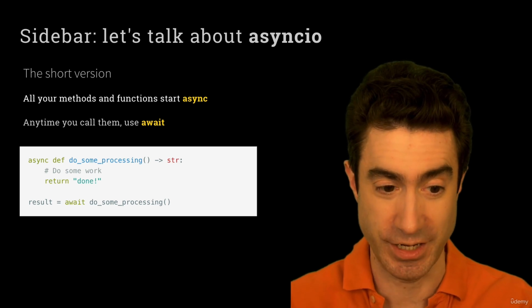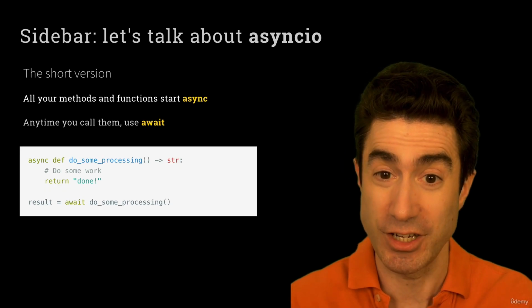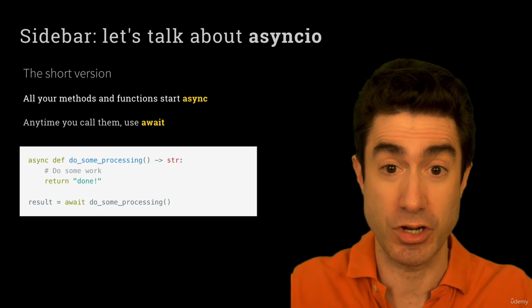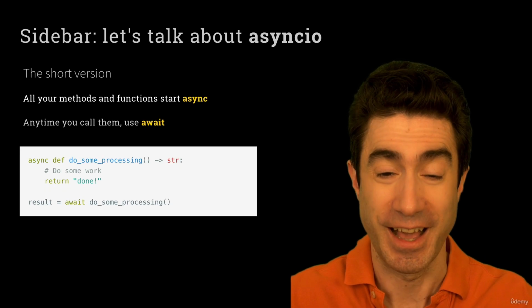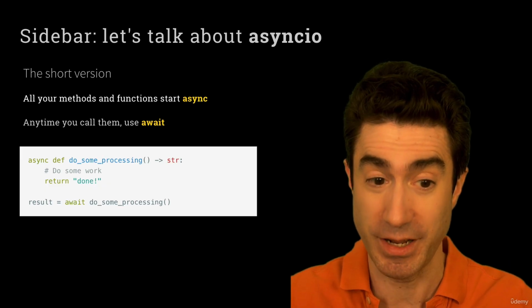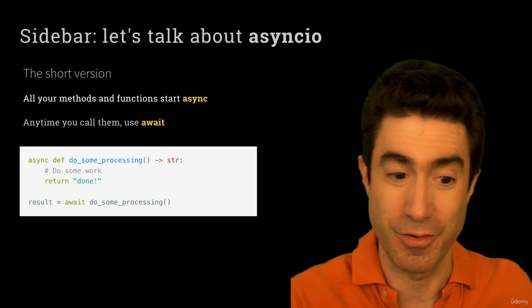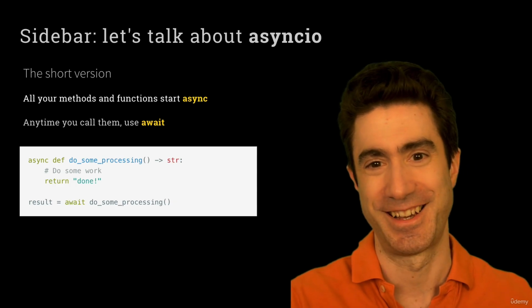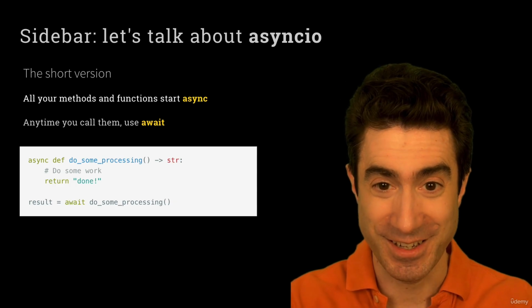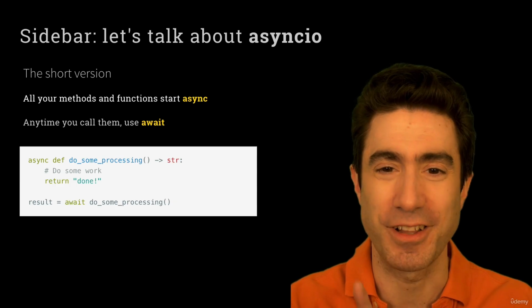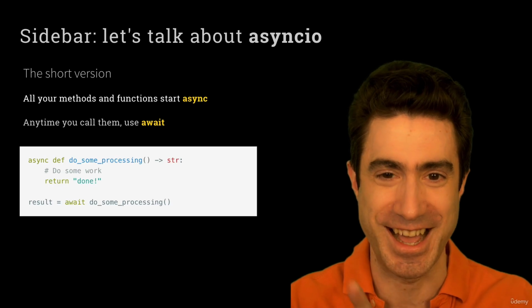It's now a coroutine. To schedule that coroutine, we need to call await do some processing. And that is now blocking until that completes, and the result will go into that variable result. I hope that made some sense. But if not, as I say, there's a whole guide. You should go and look at the guide now.